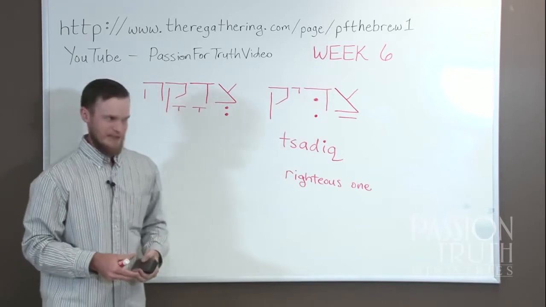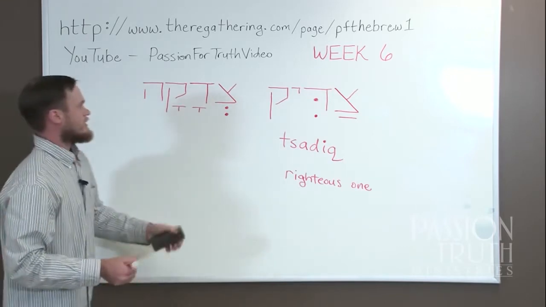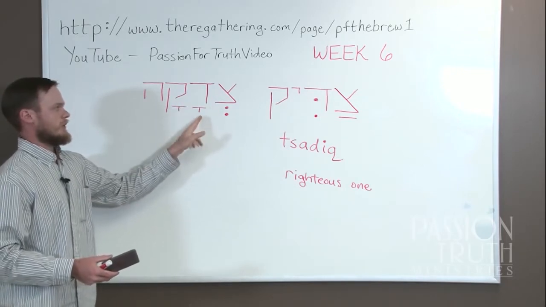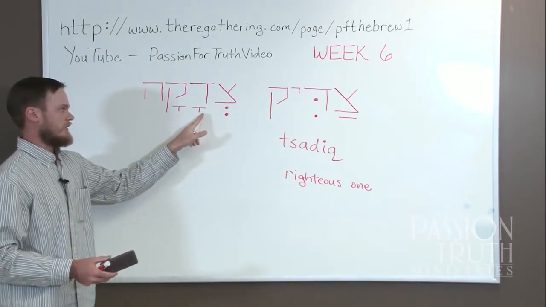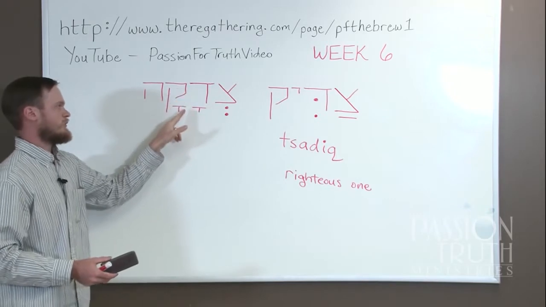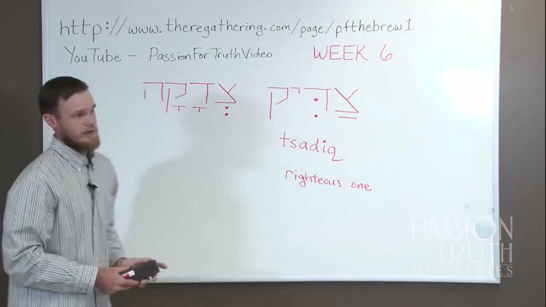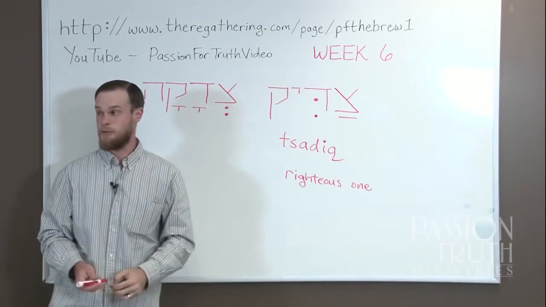So tzd, then the a of the komets, the k of the kuf, the a of the komets, and the hey at the end is silent. So tzedakah is how this would be pronounced.